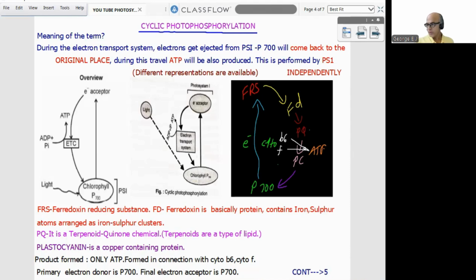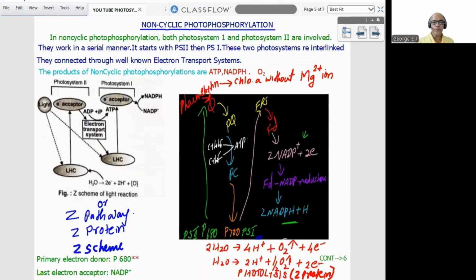Now comes the non-cyclic pathway. Again, 3 sets of diagrams are there in older editions of NCERT, but I put only one, and I expanded that diagram in an easy manner. There could be more compounds or more confusion, or we can expand it too much, but no need. In non-cyclic photophosphorylation, both photosystem 1 and photosystem 2 are involved.